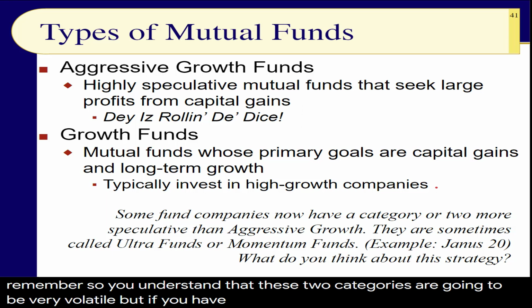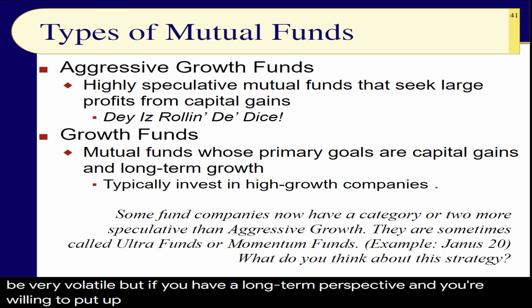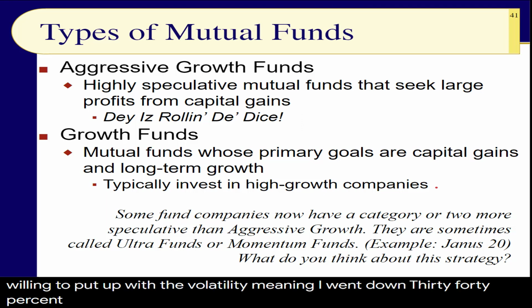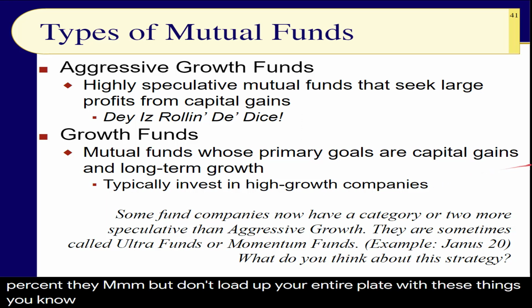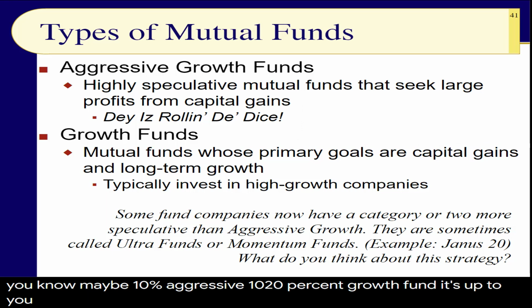But if you have a long-term perspective and you're willing to put up with the volatility, meaning it went down 30, 40%, they should do very well for you over the long term. But don't load up your entire plate with these things. Maybe 10% aggressive, 10, 20% growth fund. It's up to you, of course.